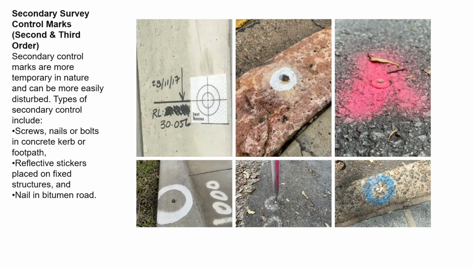Secondary survey control points, second and third order. Secondary control marks are more temporary in nature and can be more easily disturbed. Types of secondary control include screws, nails, or bolts in concrete curb or footpath, reflective stickers placed on fixed structures, and nails in a bitumen road.